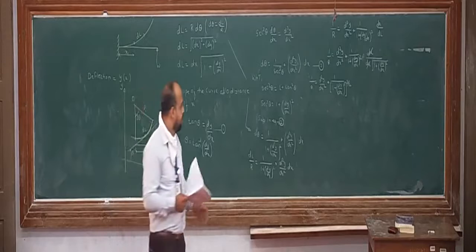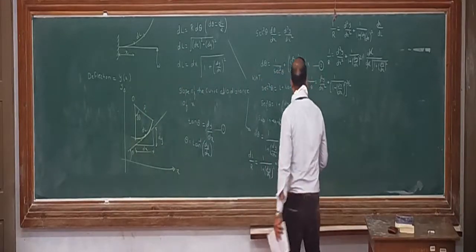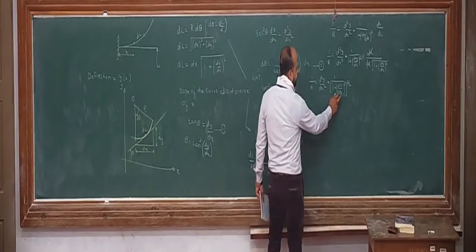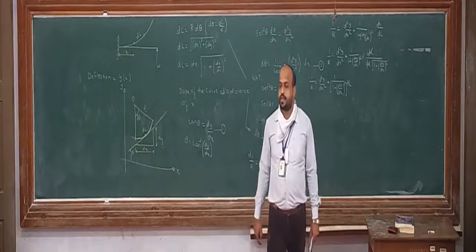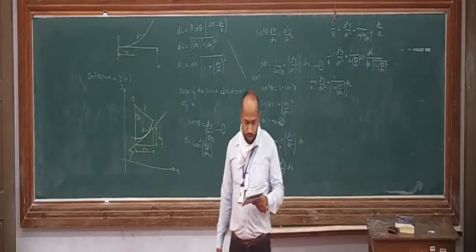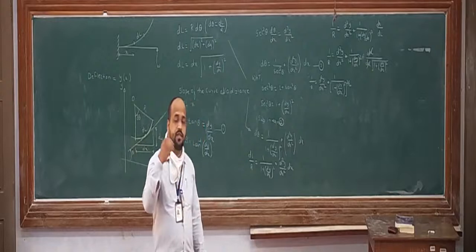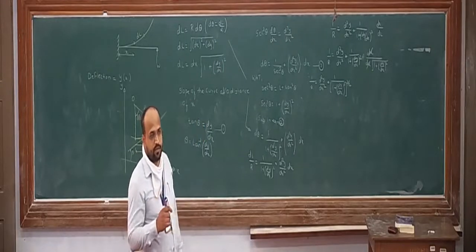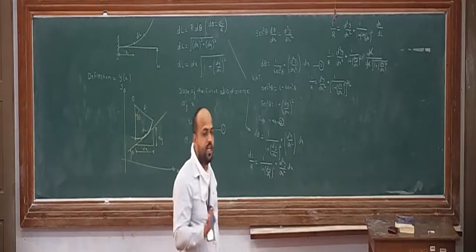Hence (dy by dx) square is very small, because here we are having a square. And again its power 3 by 2 we need to take, so again that quantity we assume as a negligible quantity.